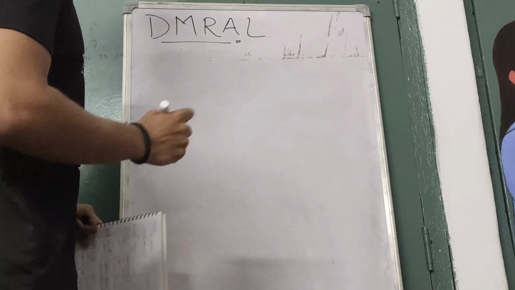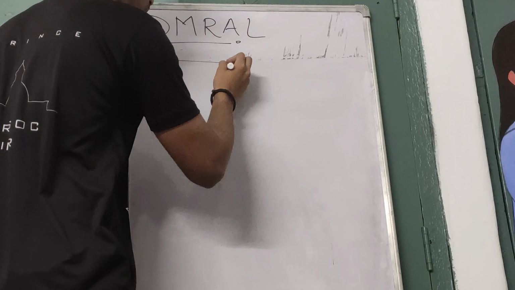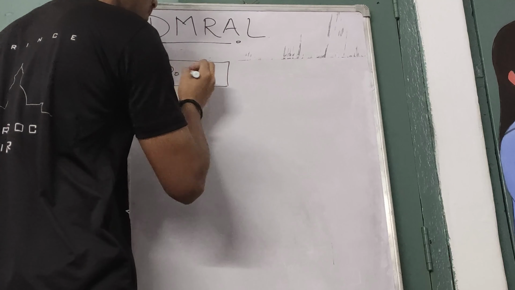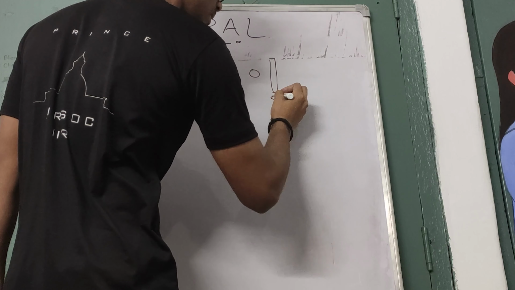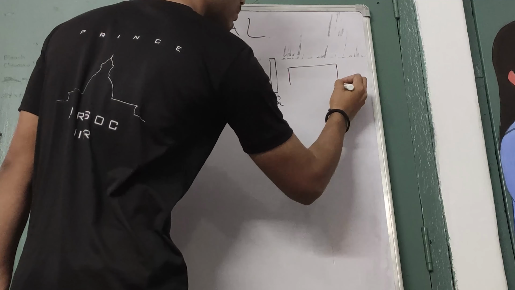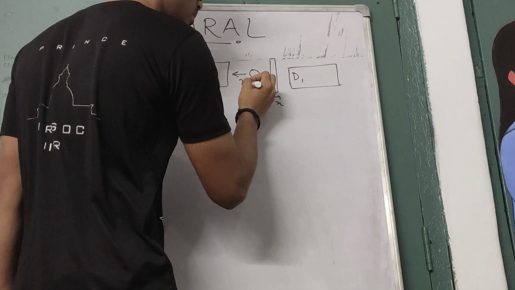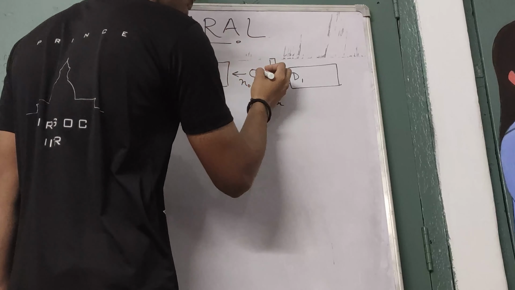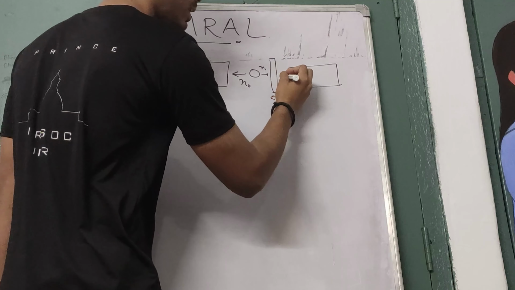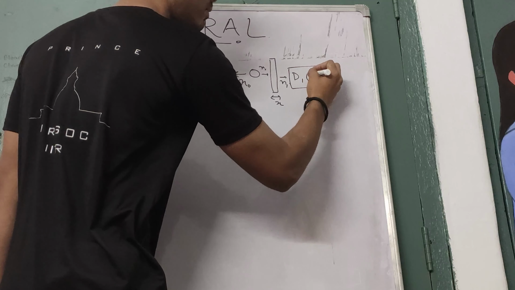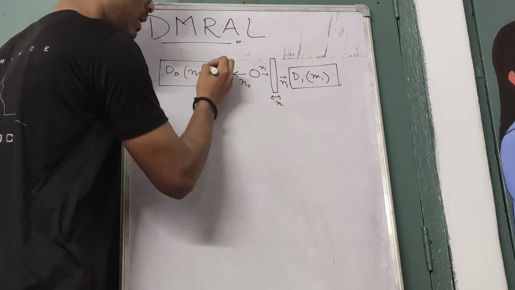So the setup for this DMRAL dead time determination method is we have a detector D0, a source, and an absorber of thickness x, and again a detector D1. This source will emit N0 radiations, and after this absorber we will get N1, and this detector D1 will count M1 rate of this radiation, and similarly D0 will count M0.